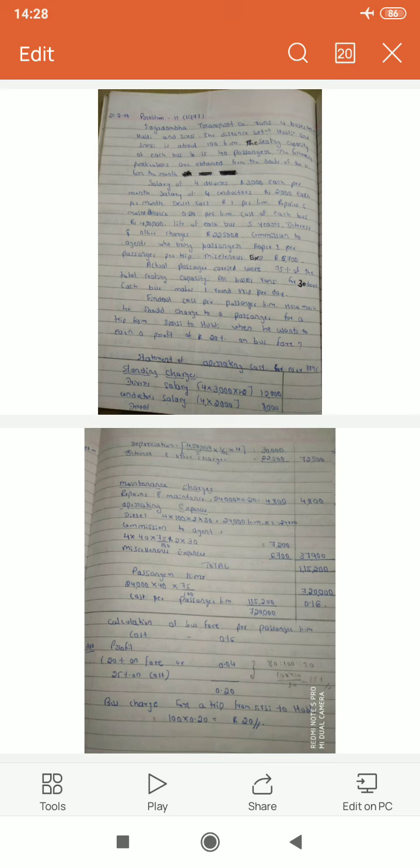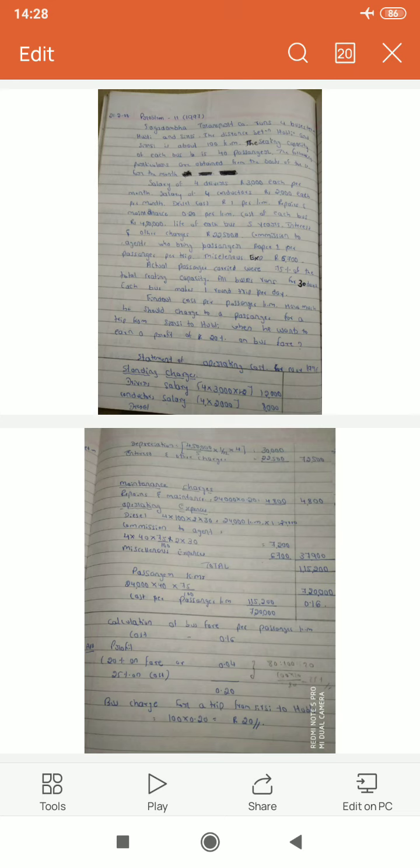Now, to ascertain effective passenger kilometer, you have already arrived at total kilometers run by 4 buses per month. It is put at 24,000 kilometers into occupancy of the bus.